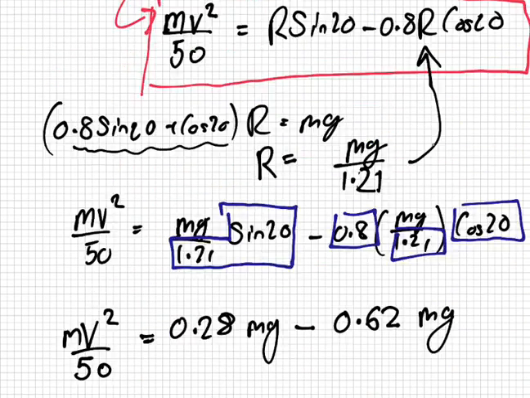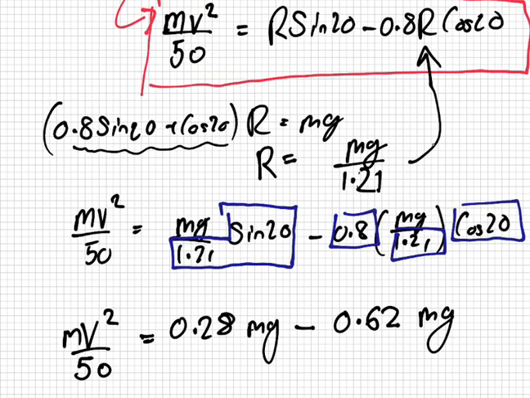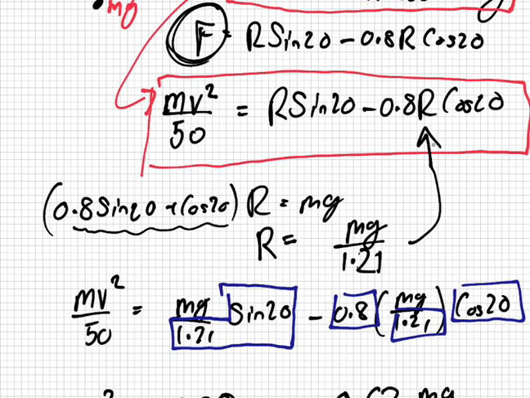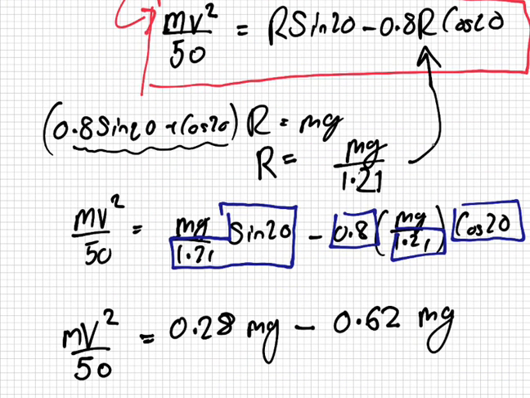Did you actually substitute the first equation into the second one? Yeah. Oh, but over there it's mg, and over there it's mv squared over 50. This is right.